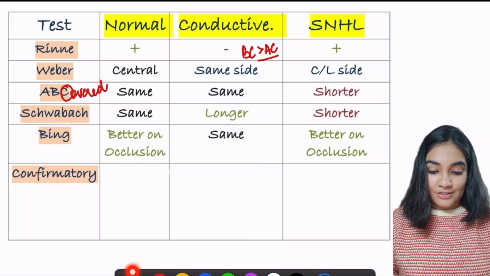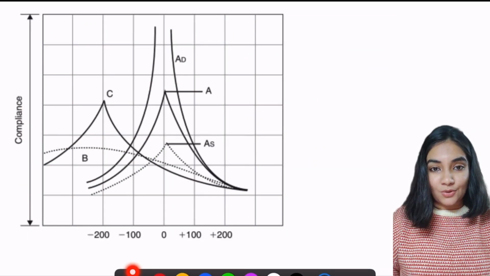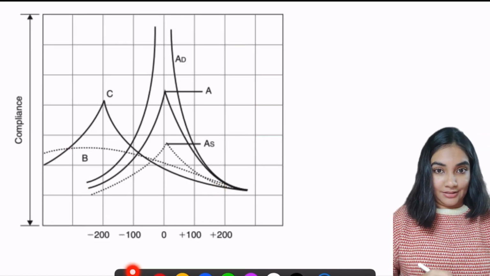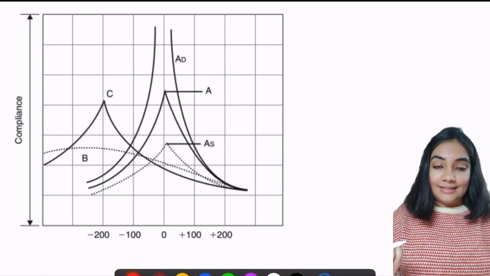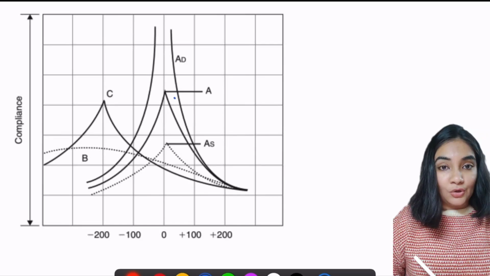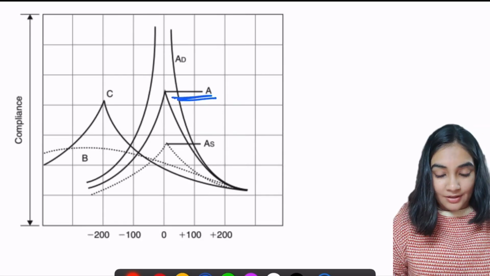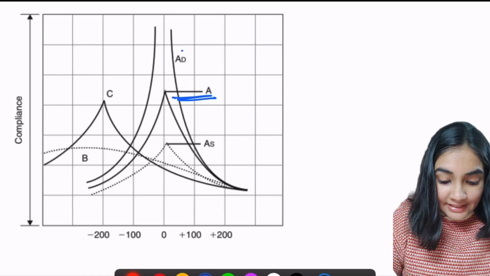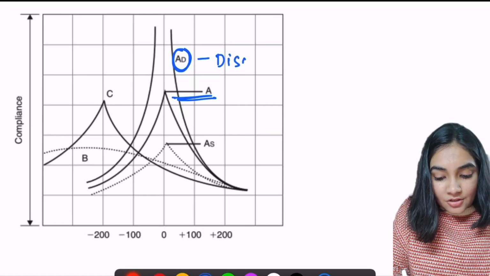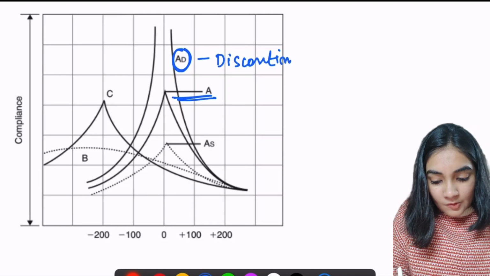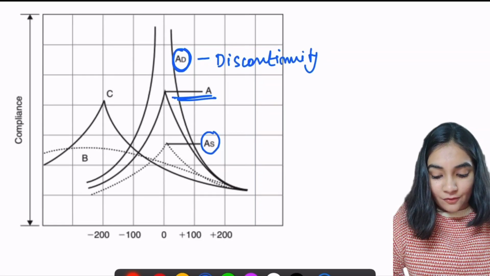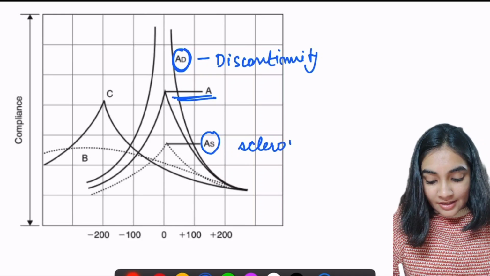For conductive deafness, we have the impedance audiometry or the tympanogram, whose graph looks something like this. Now we need to know the types and examples of each graph. Normal is A type graph. AD is D for discontinuity. And As type is S for sclerosis.